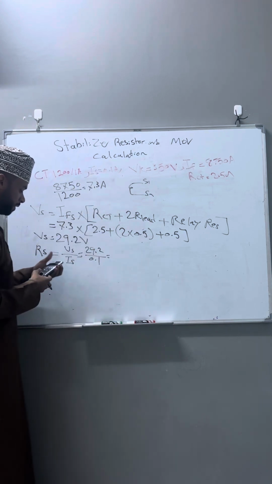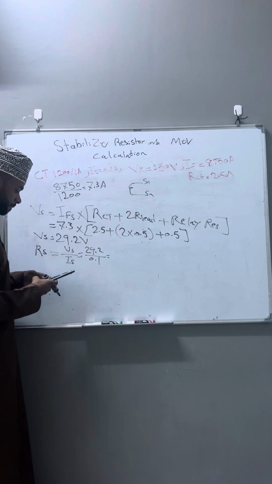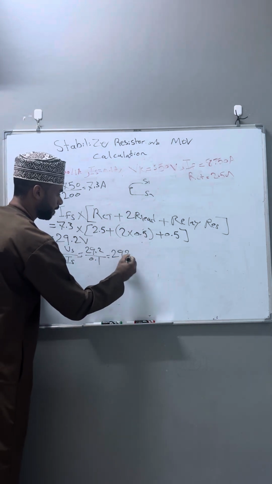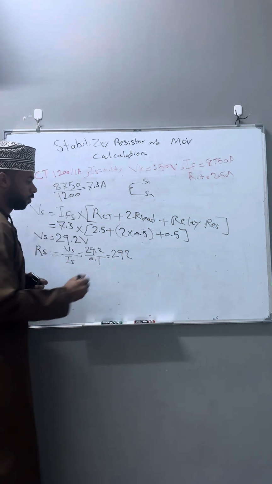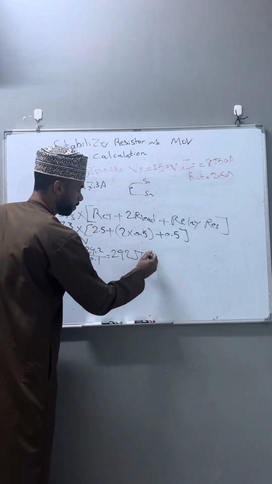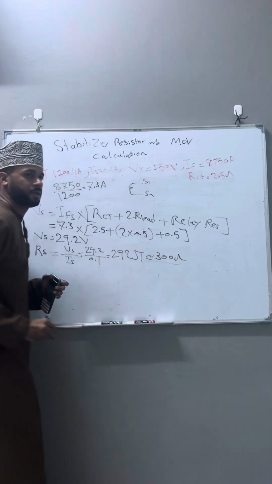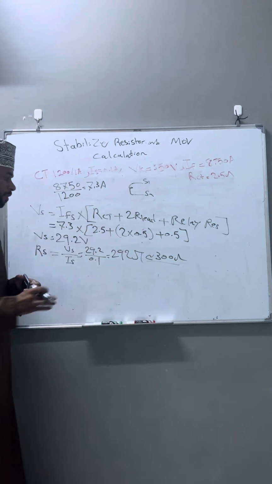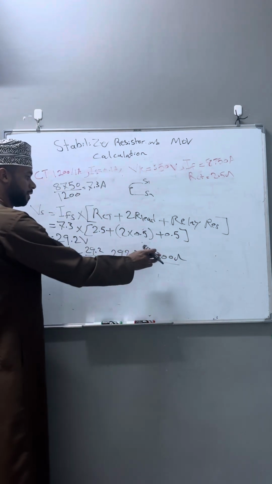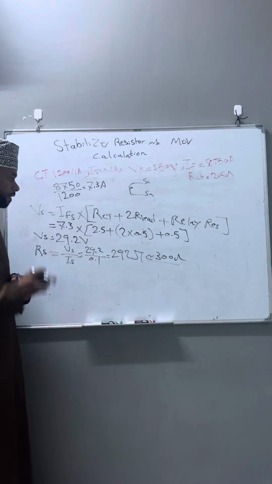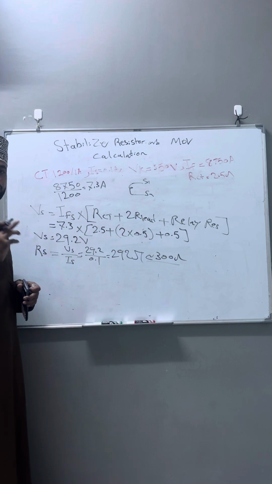So it will be equal to 229 ohm, or around 300 ohm. Okay, so the stabilizer resistor we found is around 300 ohm. This is the way to calculate the stabilizer resistor.